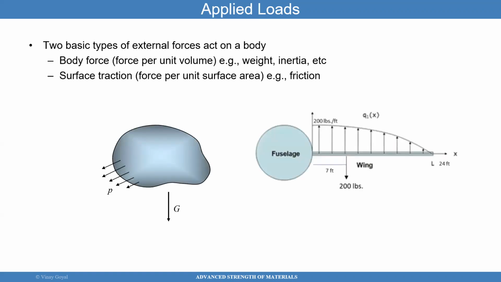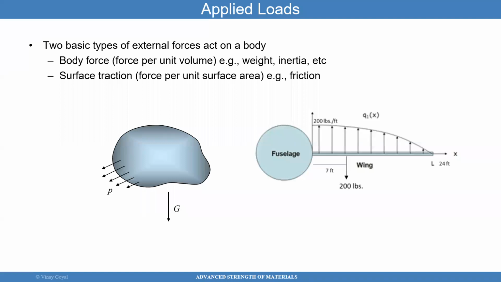So let's look at an example of two basic types of external forces that act on a body. On the left-hand side, what I'm showing is a body force. That vector G that I show is gravity, for example. But it could be a magnetic field that acts like a body force. So a body force is something that is acting at every point in the volume.